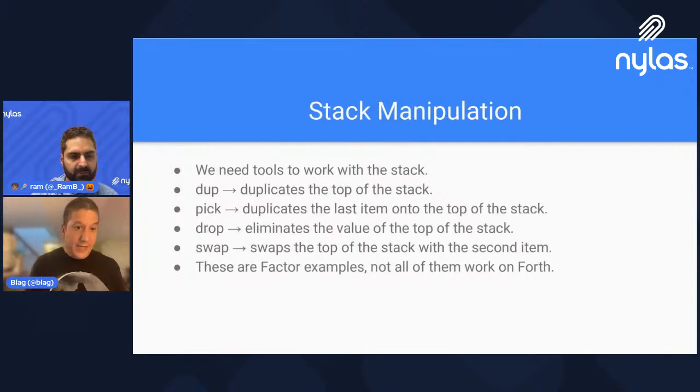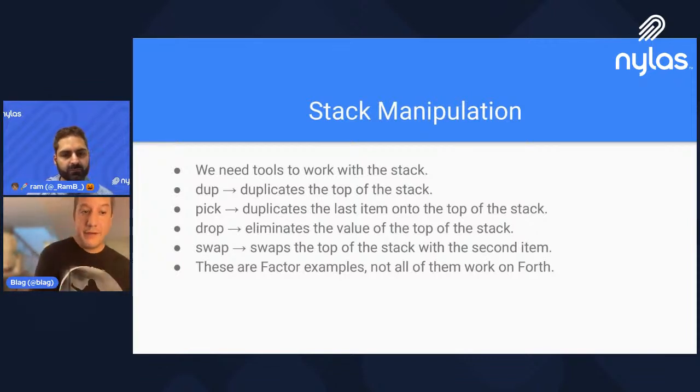Then that's why we have stack manipulation. For example, dup is going to duplicate the top of the stack. So if we have 5 dup, we're going to have 5 and 5. Peek duplicates the last item onto the top of the stack. So if we have 1, 2, 3, we're going to have 1, 2, 3, 1.